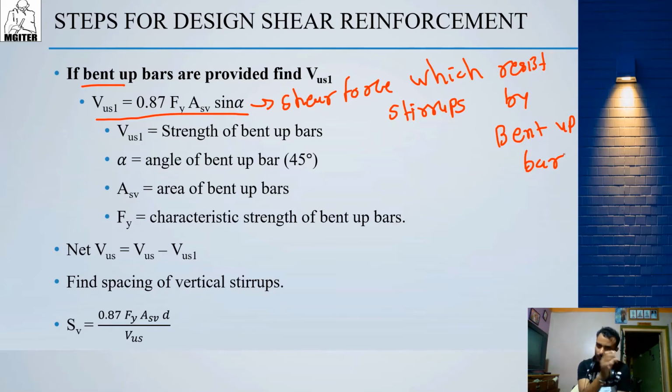Okay, let's assume there is a 120 kilonewton shear force. 50 kilonewton is resisted by the concrete.